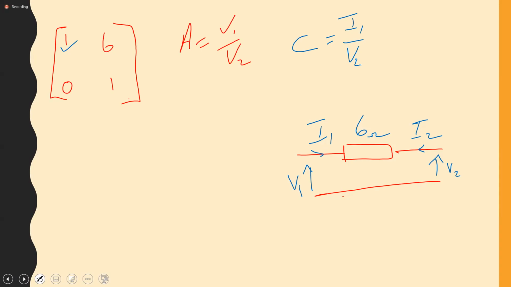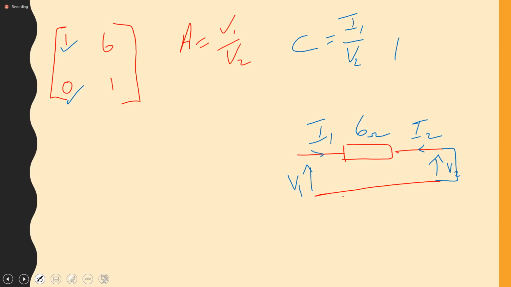Yeah, but what is I1 equal to from this circuit? There's no closed path, so there's no current. So I1 is 0. So it's 0 over V2. That's 0. Now I close this.